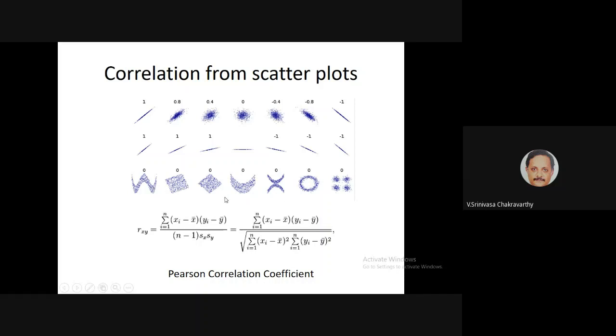In this case the two variables seem to have some complicated relationship, but the coefficient doesn't capture that. It just shows zero correlation for all of them, but the distribution has some interesting structure that is not captured by the correlation coefficient.